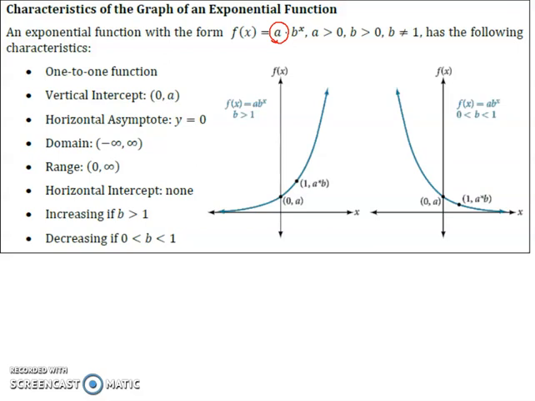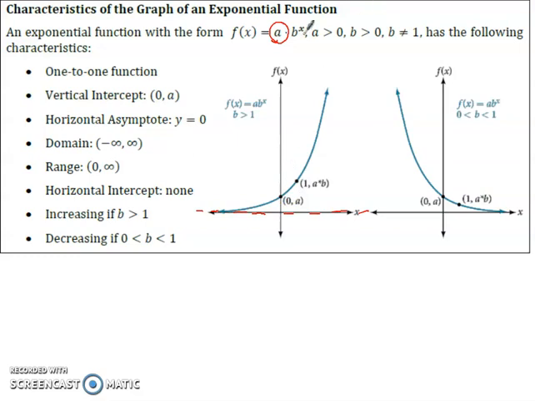Our domain, we can use any x value we want, so we go from negative infinity to infinity. My range, as long as there are no vertical shifts, we cannot ever cross over or equal 0. So we are going to have a range that is only greater than 0.